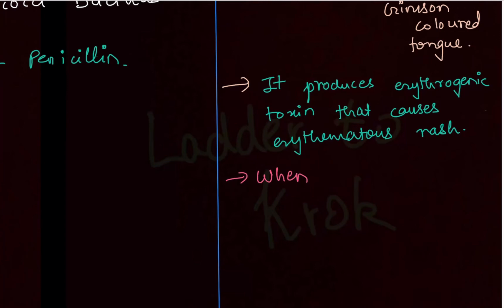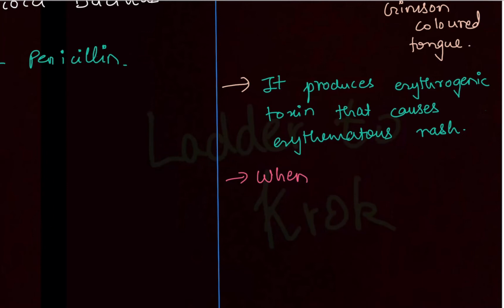Now, how to confirm the diagnosis? So what do we do when we give them antibody against this toxin? Okay, if we give them antibody, so immune reaction takes place and this rash will disappear if the patient is having this infection. If not, then the rash will still be present.